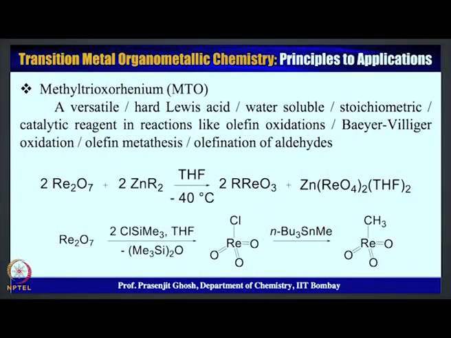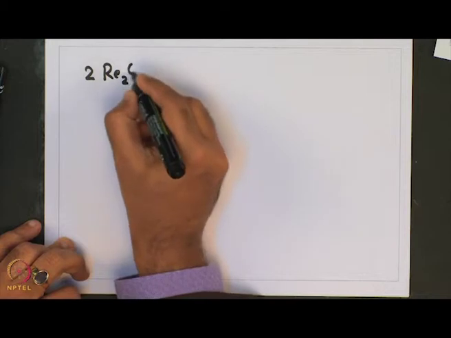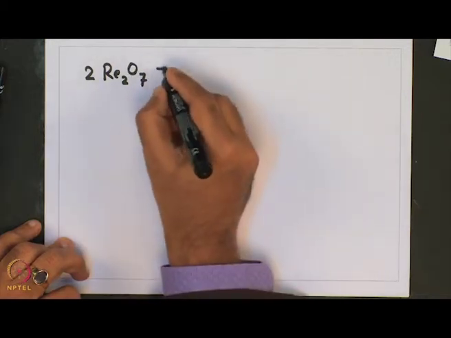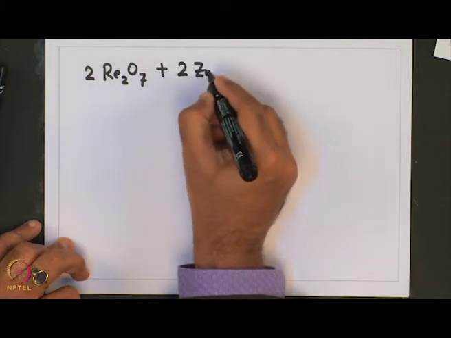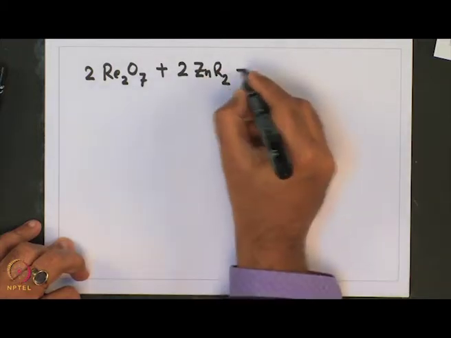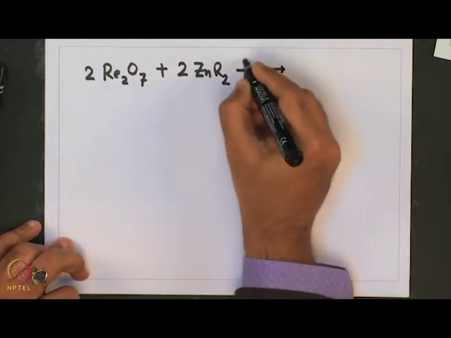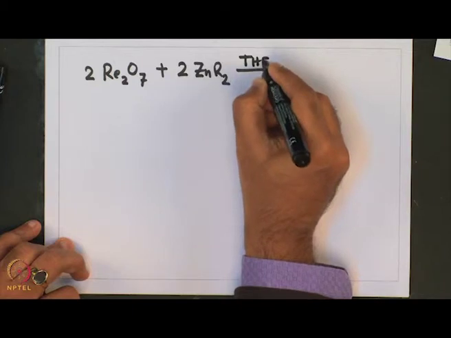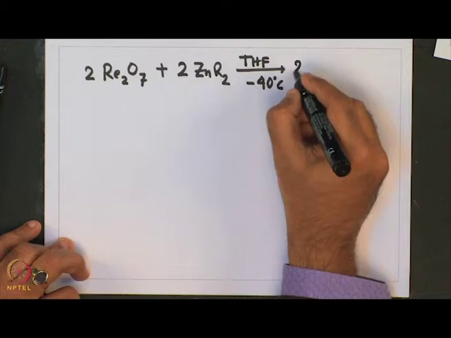Let us take a look at how these MTOs are synthesized, usually by 2 methods. The first one is with dialkyl zinc, zinc being the alkyl transfer reagent, at low temperature.